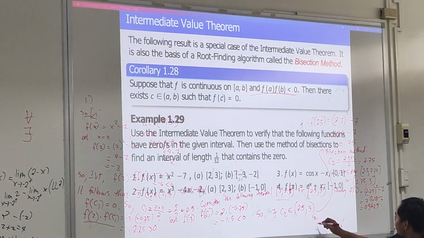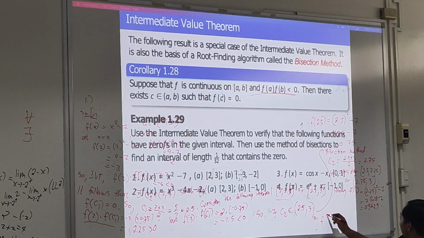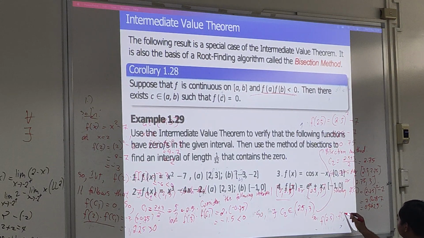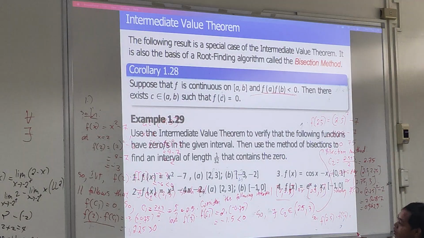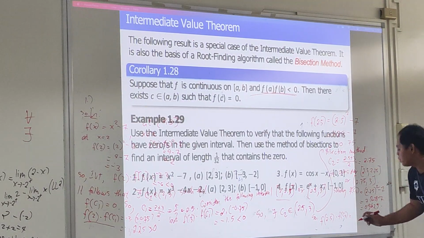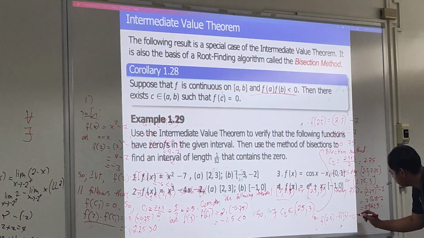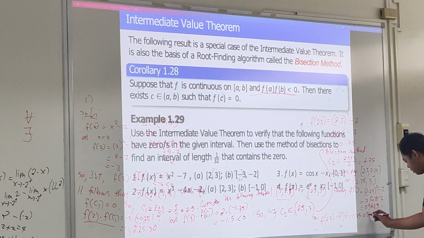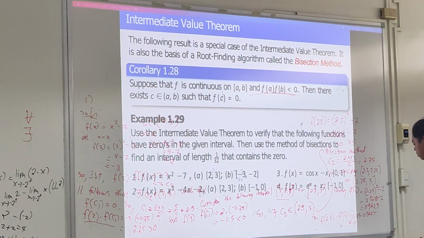So if we take the product of f of 2.5, that is negative 0.75, times your f of C2, 0.5625, you are sure that this is less than 0.